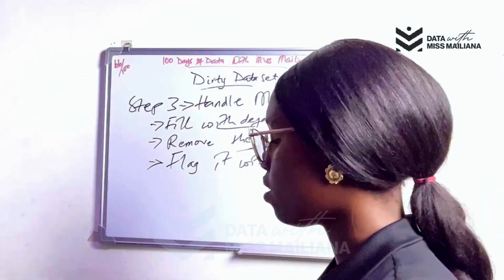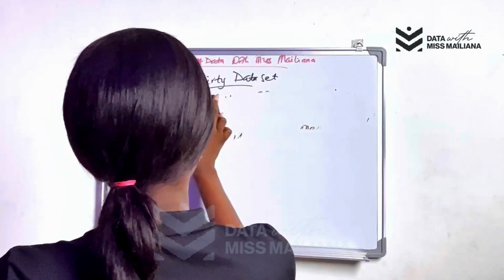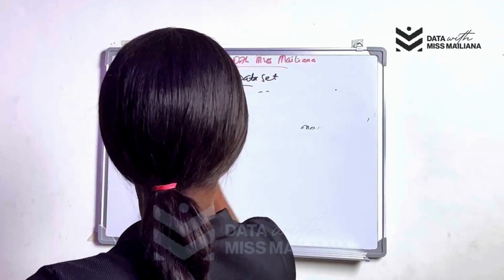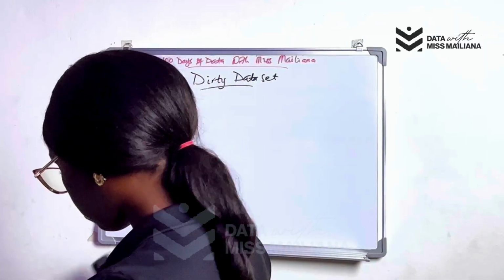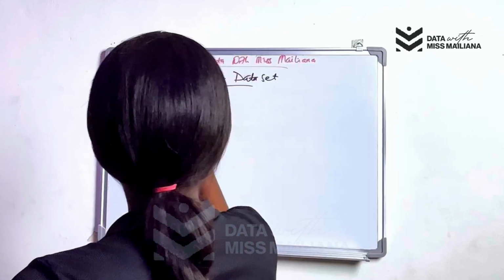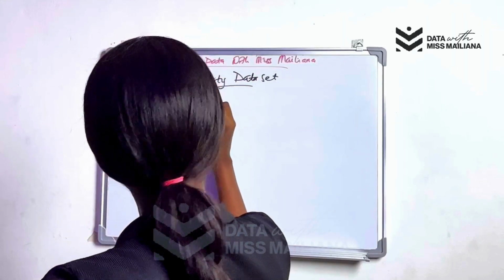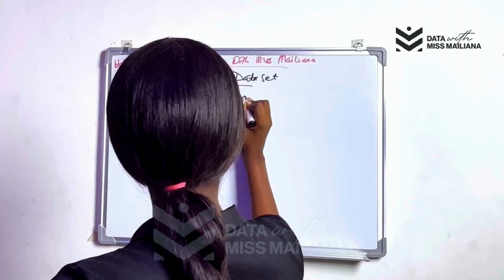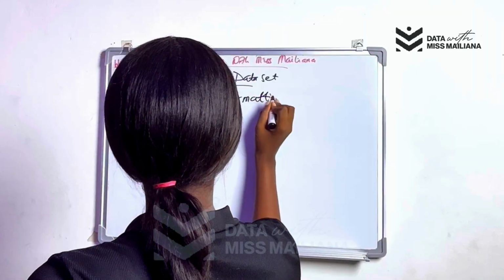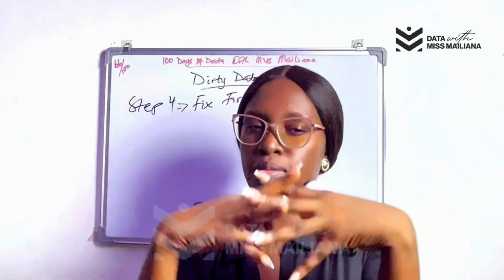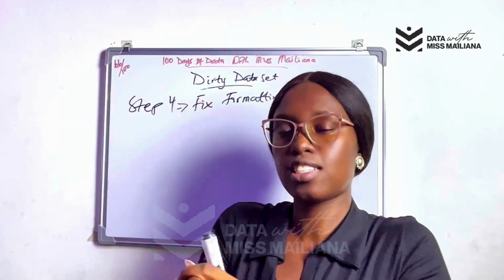Then step number 4. Step number 4 is fixing formatting. I think at this point you realize that we've mentioned multiple of these things somewhere in some of the videos, so you can see how at the end of 100 days or 100 videos, everything comes together to form the whole data analytics process.